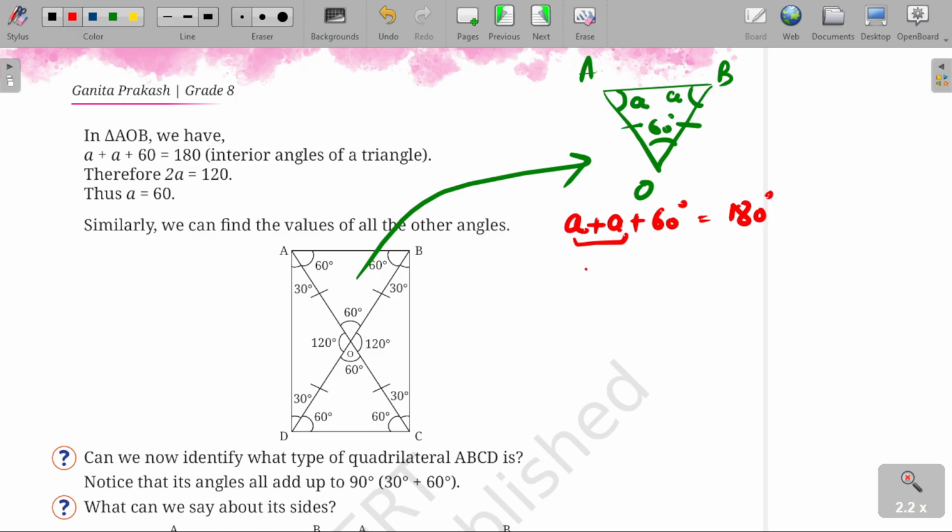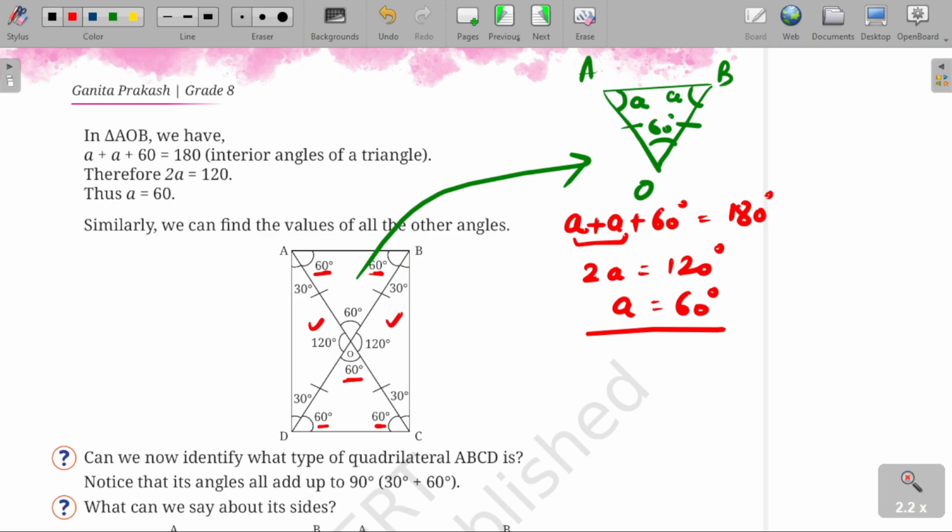By solving it, we'll get the angles as 60, meaning both these angles are 60 degrees. Similarly with triangle OCD, this is 60 degrees, so they will be 60 degrees, right? And the same thing applies in AOB and BOC also, in these two triangles.